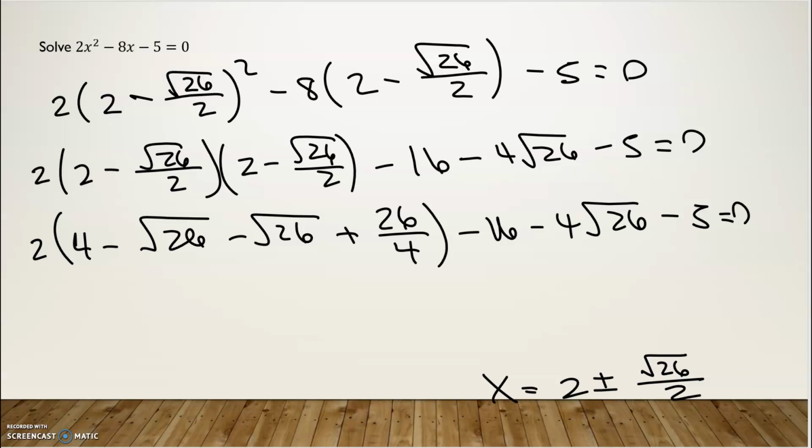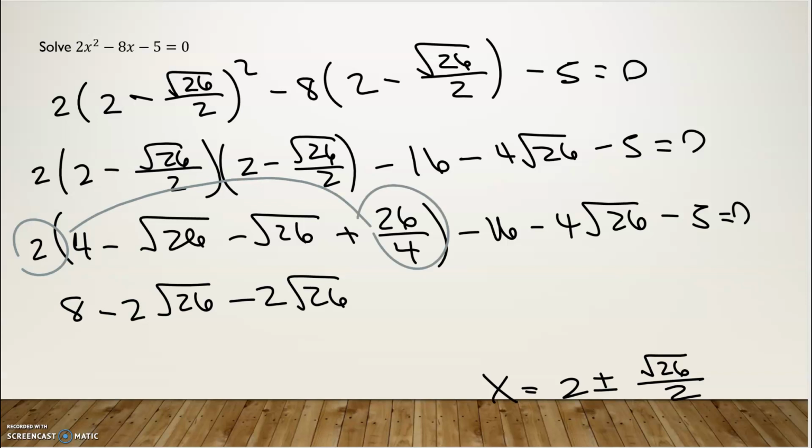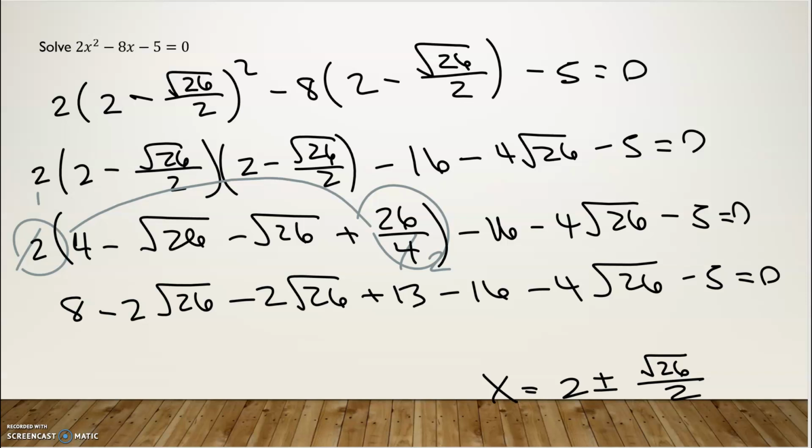Okay, so this will be 8 minus 2 square root of 26 minus 2 square root of 26. When I multiply this 2 times this term here, I'm going to take a 2 out of both of those, so I'm left with the 2 on the bottom. Half of 26 is 13 minus 16 minus 4 square root of 26 minus 5 equals 0. Okay, so I have negative 4 square root of 26.